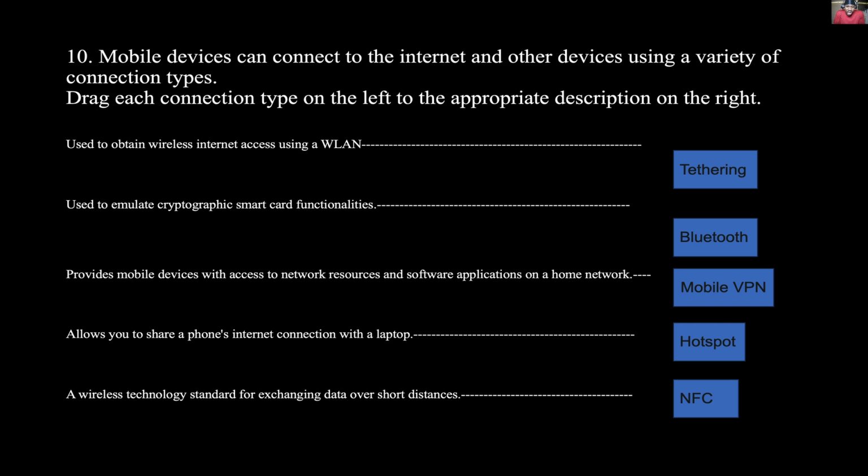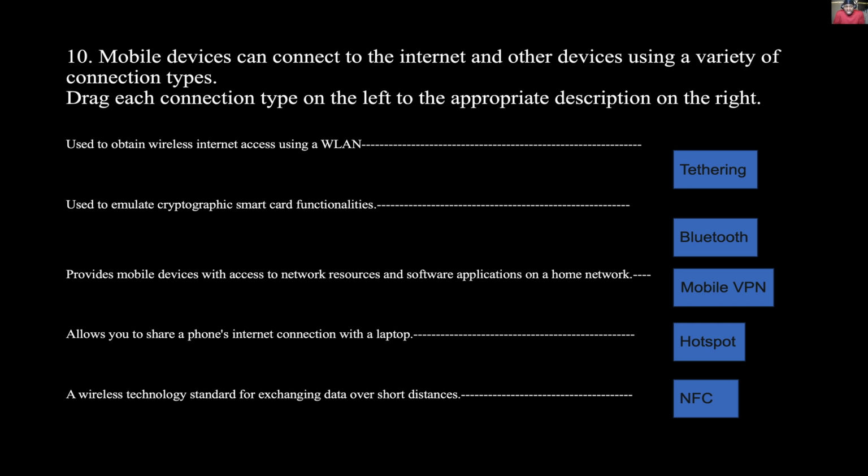Used to obtain wireless internet access using a WLAN. What do you think? Do you think it's tethering, Bluetooth, mobile VPN, hotspots, NFC? Used to emulate cryptographic smart card functionalities. You think it's NFC, hotspots, mobile VPN, Bluetooth, tethering?